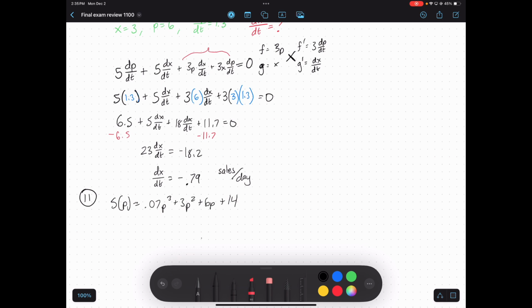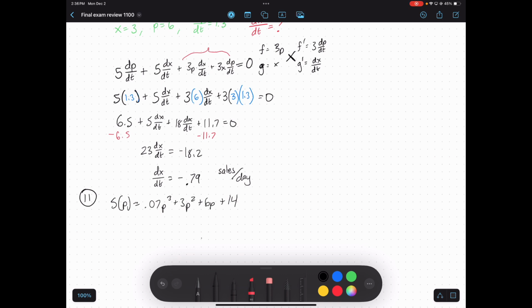We work with demand equations a lot, but this is my supply equation, which we did talk about in producer surplus and consumer surplus, right? We talked about these supply equations. Then it says, use S prime of P to estimate how many more units a producer will supply when the price changes.